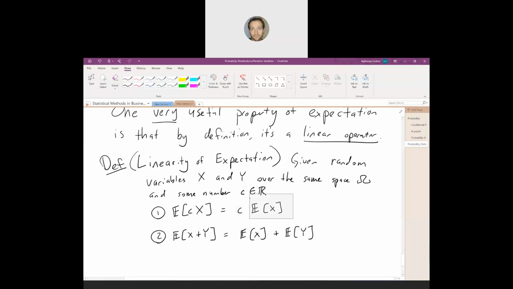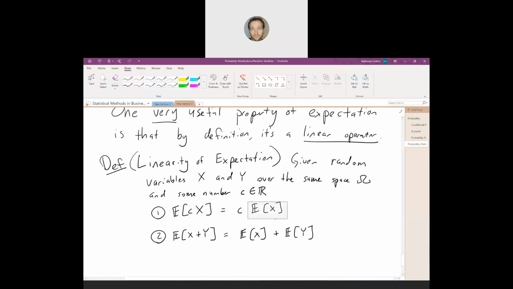Whatever the expected value is of the thing before scaling, you can scale that by the same number. And that's the same as scaling it first and then calculating the expectation.